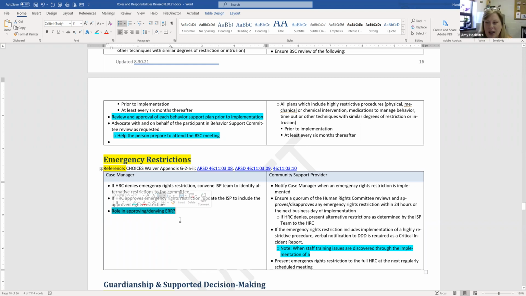Well, how do they approve or deny it when it's already done? I mean, could it just be that they're reviewing it and then, tie it in with the first bullet, they review it? And if the HRC denied, then they would convene the team?